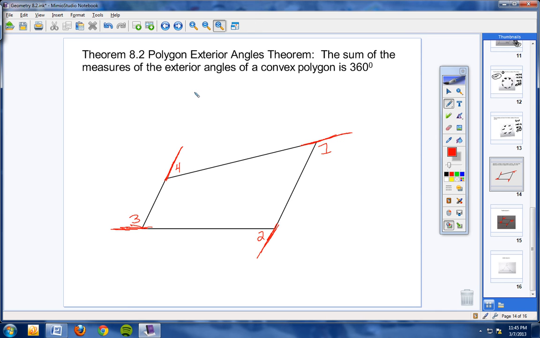What this theorem is saying is if you take angle 1 plus angle 2 plus angle 3, plus angle 4, it will equal 360. I would encourage you to write all this down in your notes.